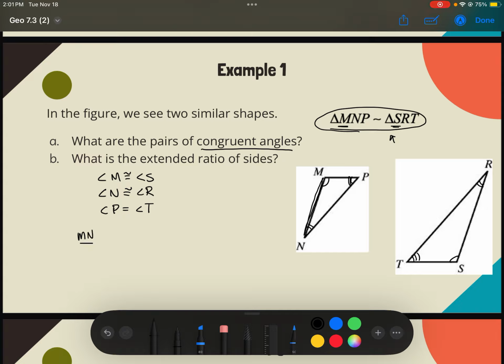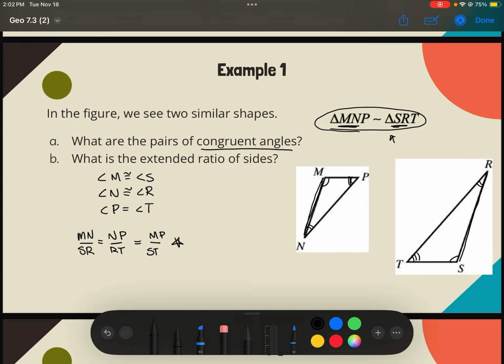So the ratio of MN to SR, again, MN is the first two letters, SR is the first two letters, is going to be equal to the ratio of my other corresponding sides, NP over RT, and that's also going to be equal to our last pair of sides, MP over ST. So again, I can't say this enough: the sides are not equal, but the ratio that they create holds true for all pairs of corresponding similar sides. All right, so that's our first example.